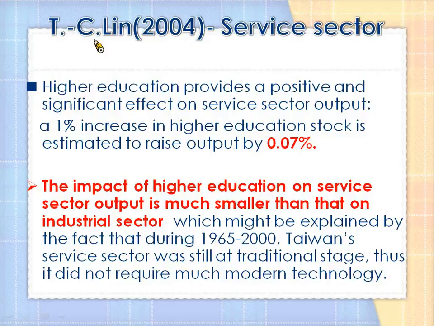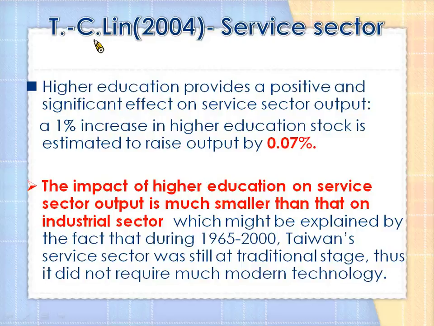Higher education provides a positive and significant effect on service sector output as well. A 1% increase in higher education stock is estimated to raise output by 0.07%, but this increase is less than the increase in industry output. Okay, the impact of higher education on service sector output is much smaller than that in the industry sector. So higher education, especially the engineering major, has a stronger effect in the industry sector than in the service sector.